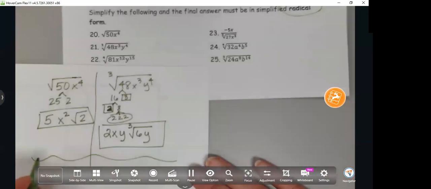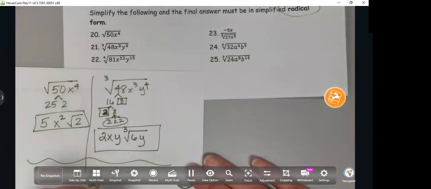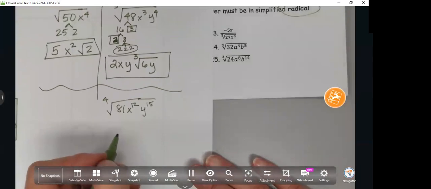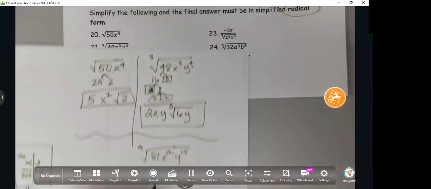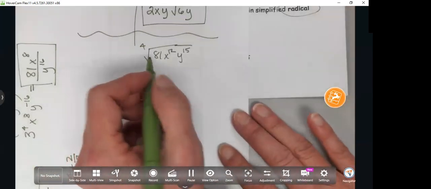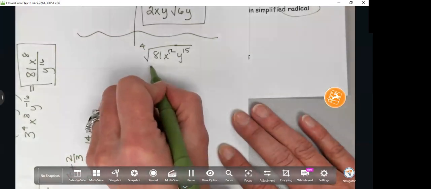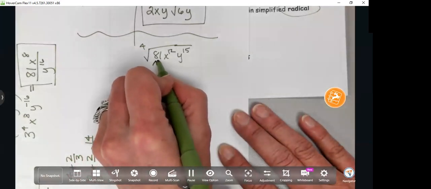22 is the 4th root of 81, x to the 12th, y to the 15th. So the 4th root of 81 is going to be 3.